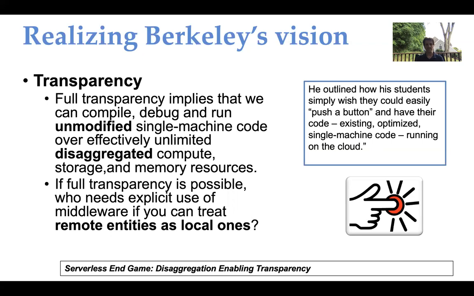The idea is that if we can have this full transparency and we can treat local entities as remote ones, you don't need to learn new APIs. Use your local programming model and we will transparently move to the cloud. And what is the magic? When you launch processes in your computer, we launch containers in the cloud transparently.